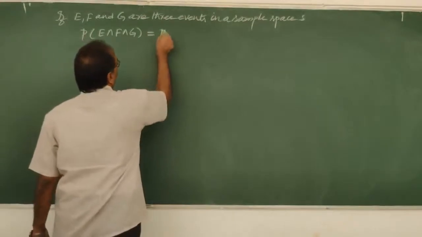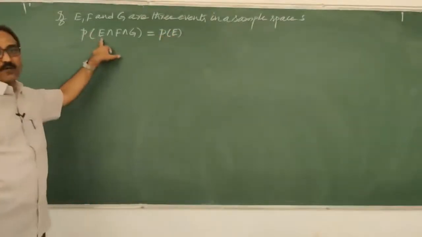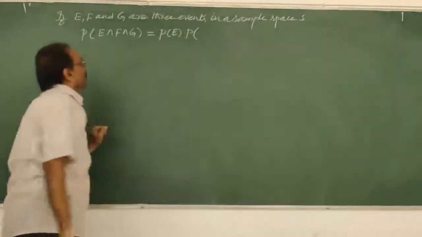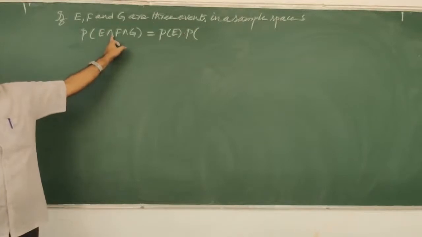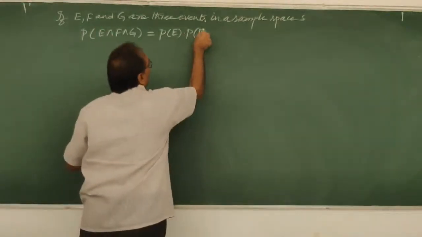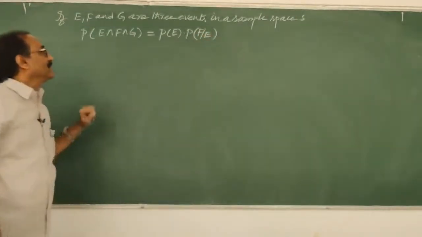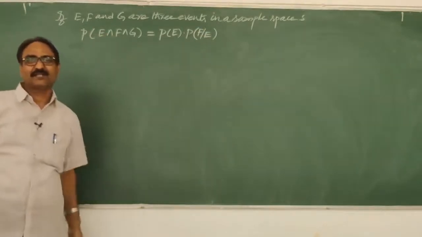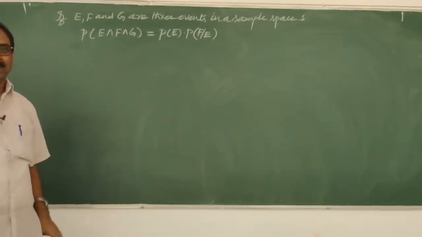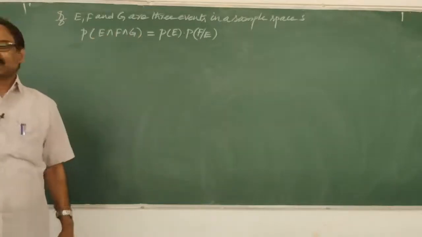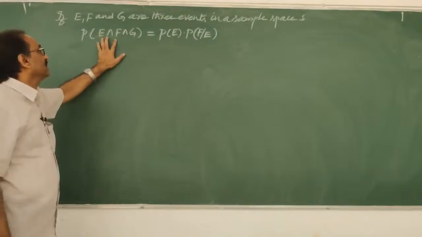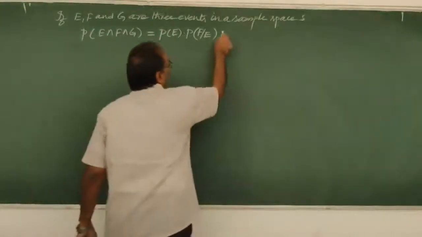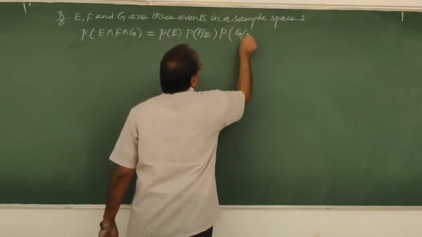First you write P of E. To remember, I am giving a clue. First P of E, next into P of F given E, taking the first two events. The multiplication theorem is that only: P of E intersection F is P of E into P of F given E. Nothing extra. Next I am going to write P of G given E intersection F.